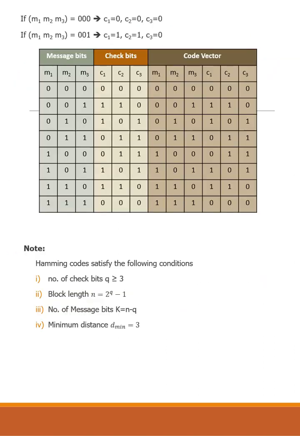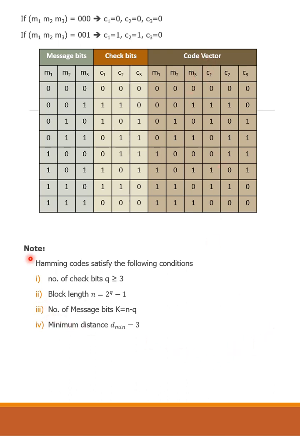So M1, M2, M3, we use the formula which we have derived. As it is 3-bit information, we take from 000 to 111. The check bits we calculate using the formulas we derived for C1, C2, C3. The code vector is nothing but the combination of these. If M and C are combined, then we get the code vector.